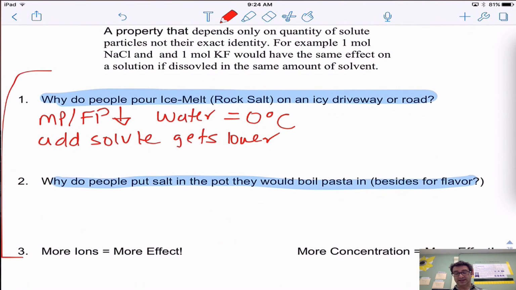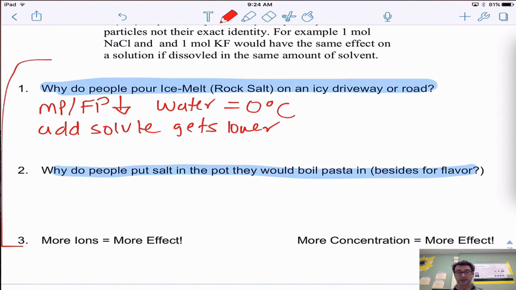The other effect that putting salt into water has is that it will take the boiling point and increase it, make the boiling point higher. So when we add a solute, the boiling point goes up.